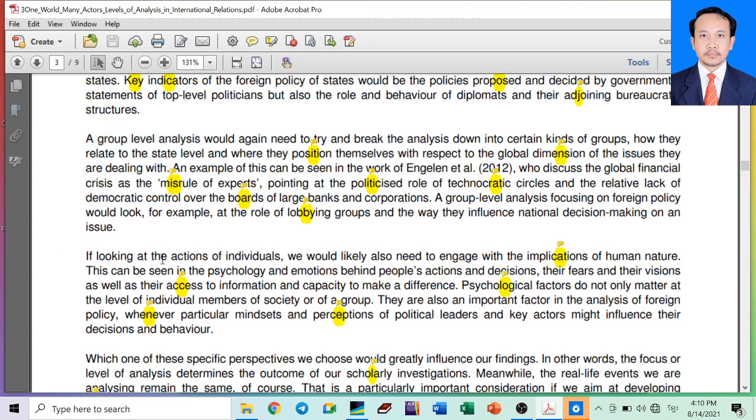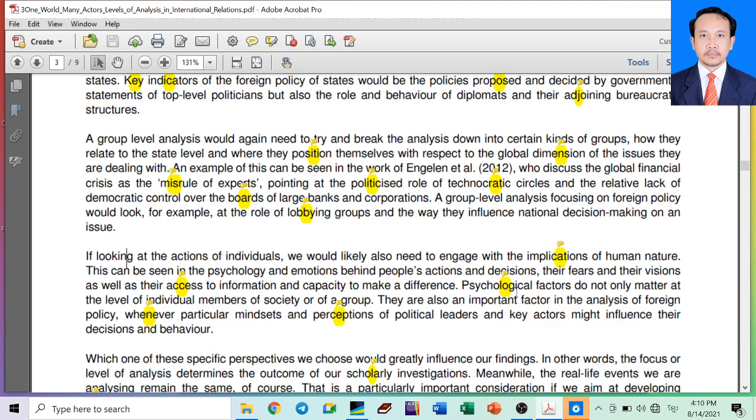If looking at the actions of individuals, we would likely also need to engage with the implications of human nature. This can be seen in the psychology and emotion behind people's actions and decisions, their fears and their visions, as well as their access to information and capacity to make a difference.